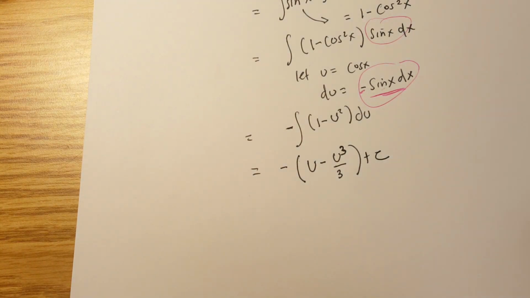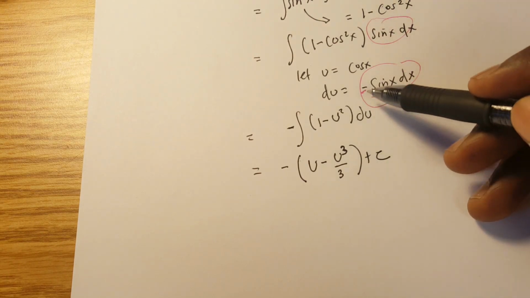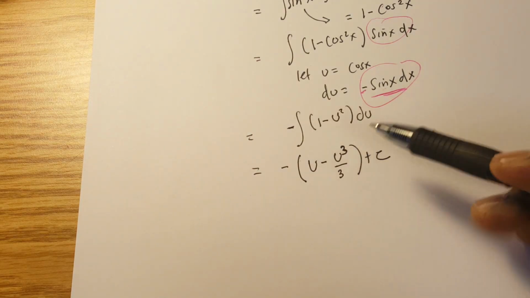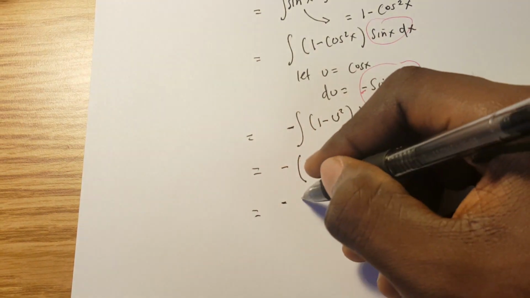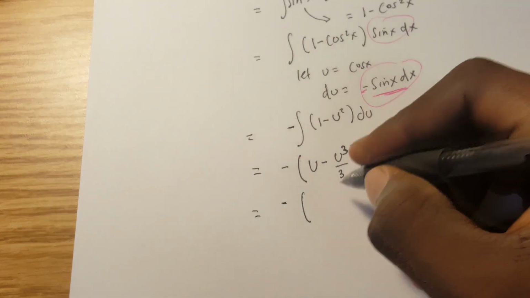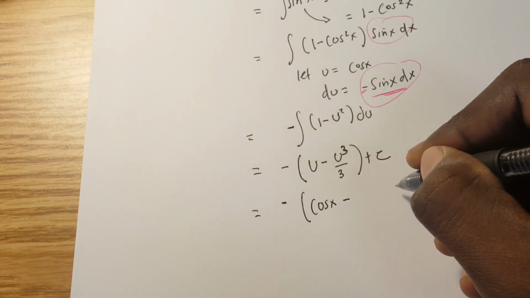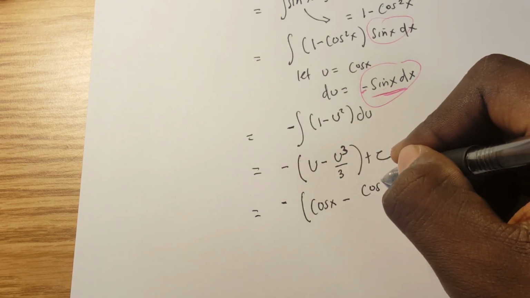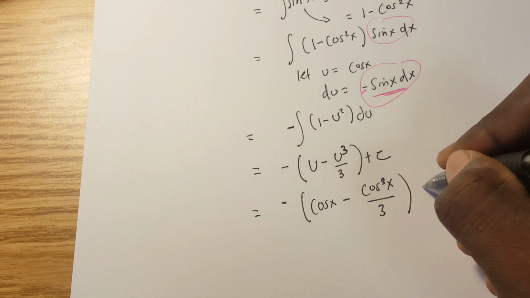All you have to do now is leave our answer in terms of x, because we were given the question in terms of x. So we substitute back. Whenever we see u, we put cosine x. So cosine x minus cosine to the third x over 3 plus c.